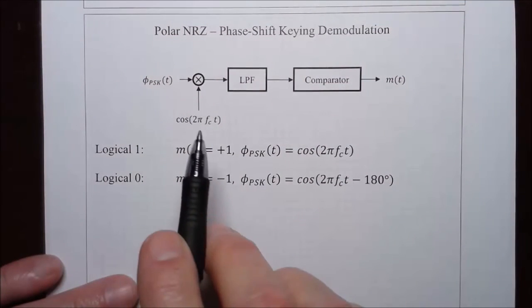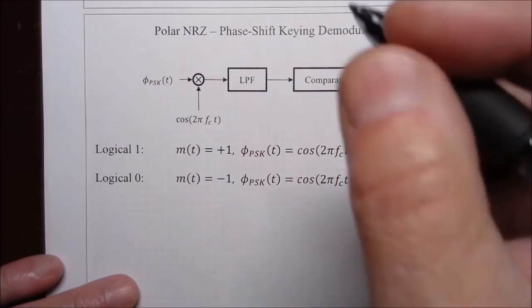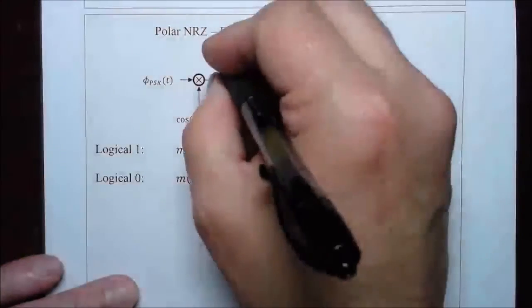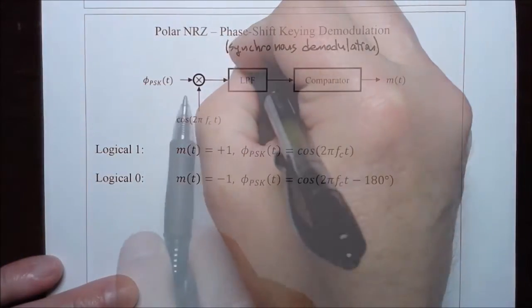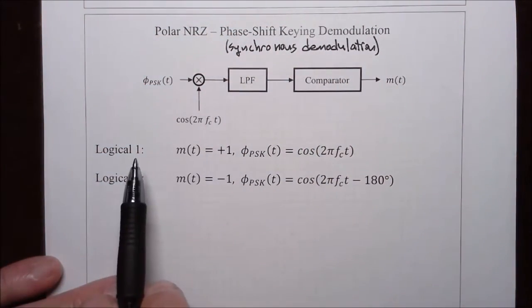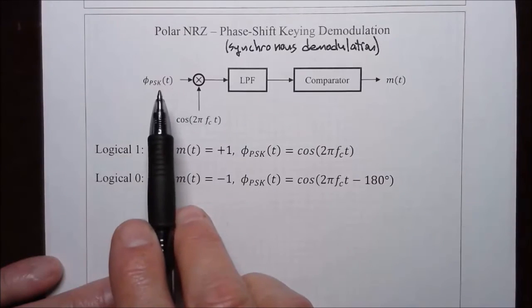This is just like when we did amplitude modulation. This is synchronous demodulation. We have two possibilities for the phase shift keyed signal.